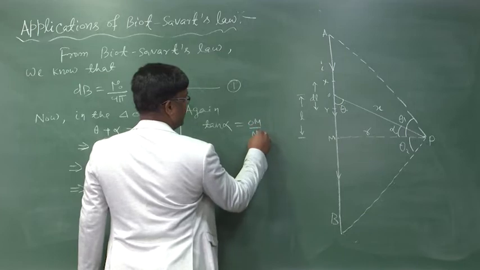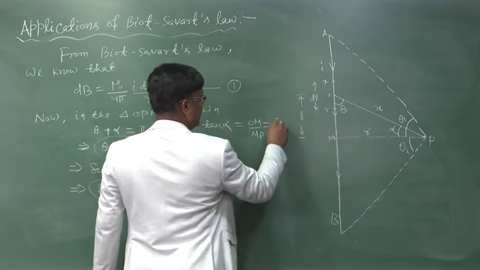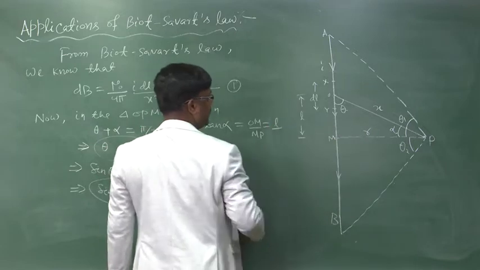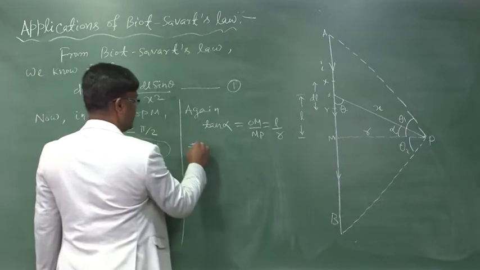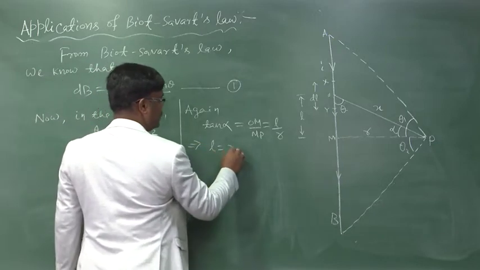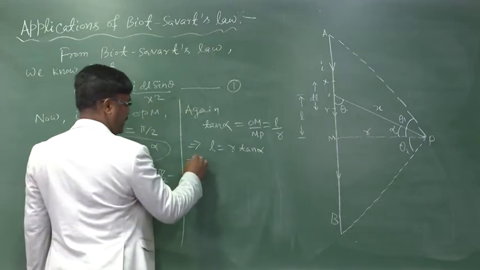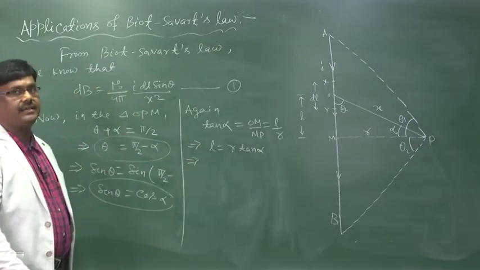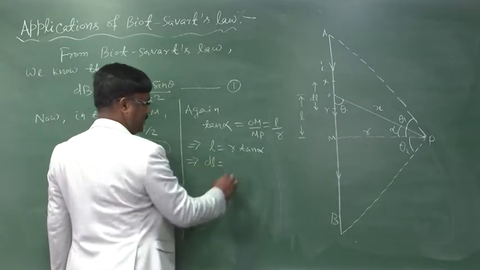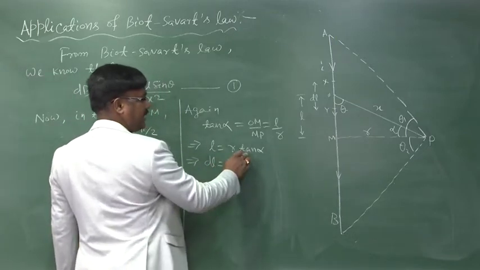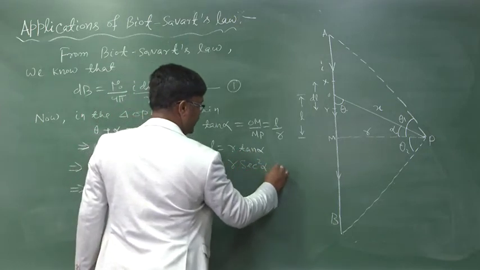OM is nothing but L and MP is nothing but R, which implies L equals R tan alpha, which implies on differentiation dl is equal to R d of tan alpha, that is, R sec square alpha d alpha.